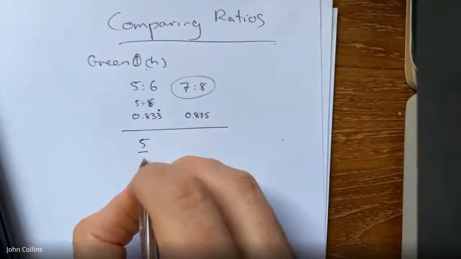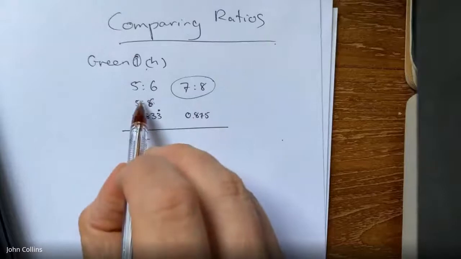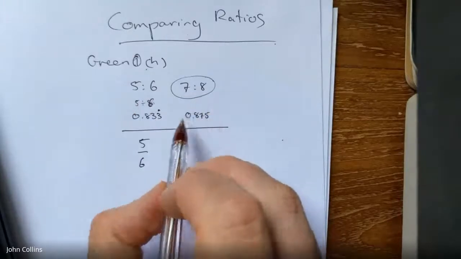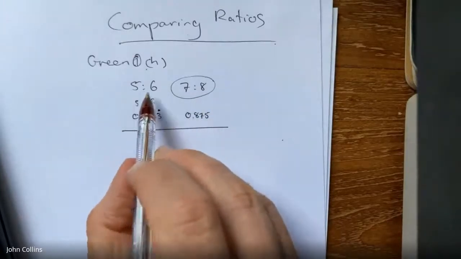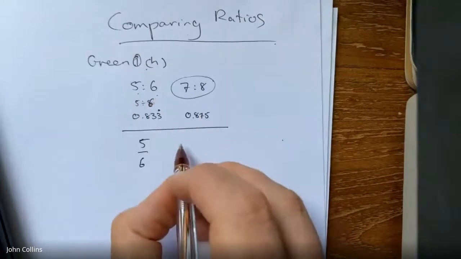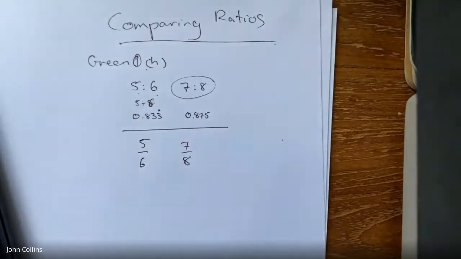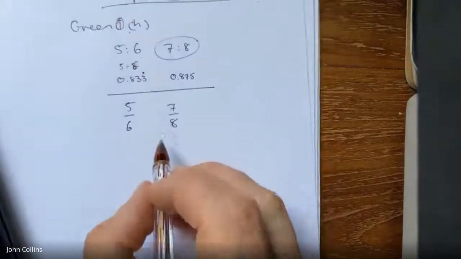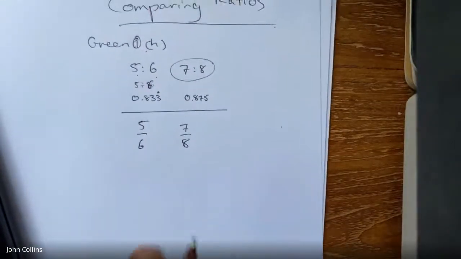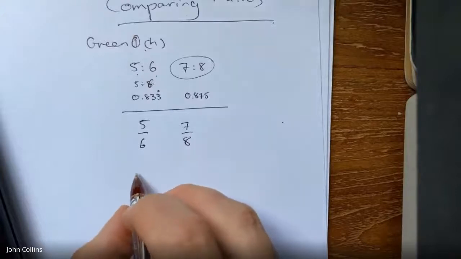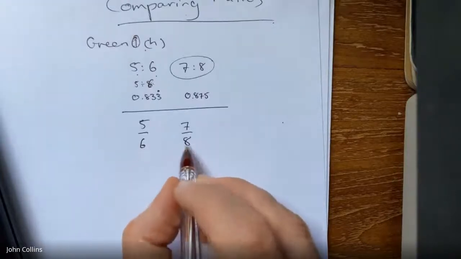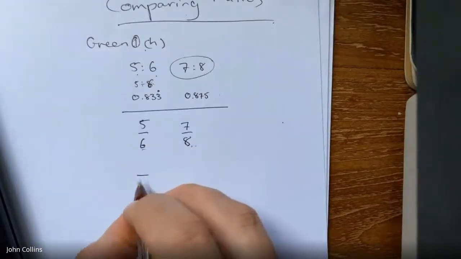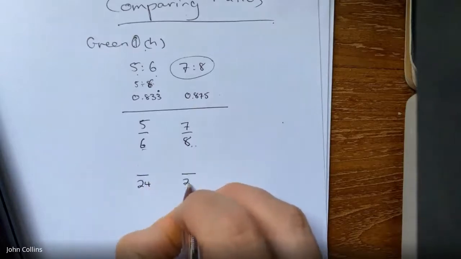Now, that's one method. Another method is to compare them as fractions. So I'm just showing you multiple methods of 5/6 and 7/8. Now they're fractions, I'll only be able to compare if they have the same denominator. So what common denominator will I use? They both divide into 24. So I'll use 24.